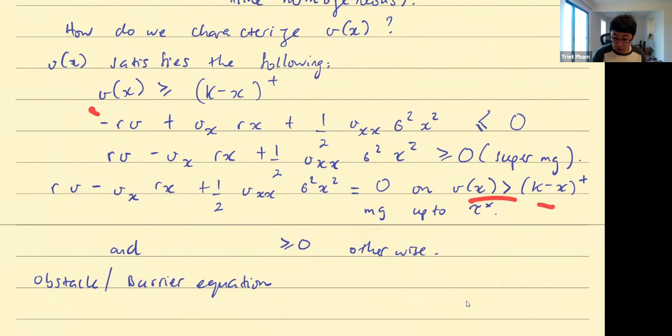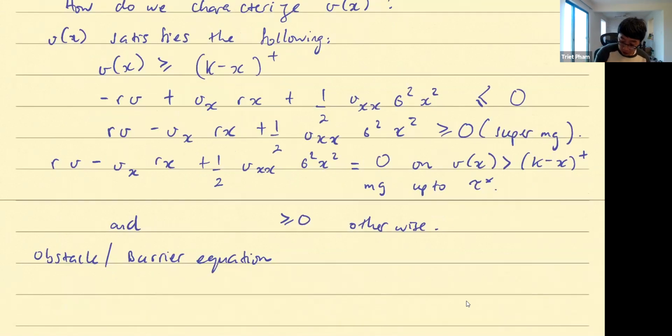And then the value of the solution itself is required to be greater than the payoff. So it's called the obstacle equation. Now, it turns out, somehow by a stroke of luck or by analysis, we have an explicit solution here.